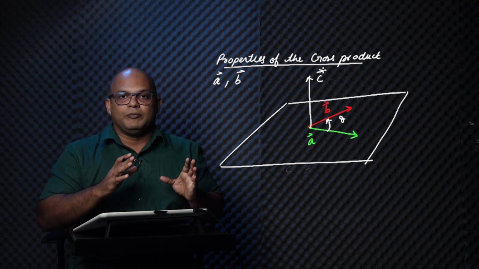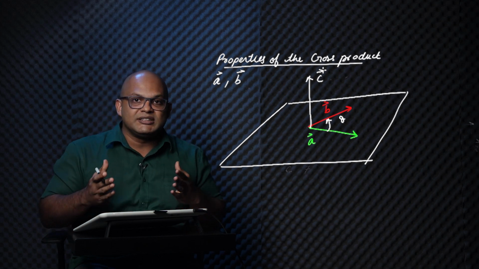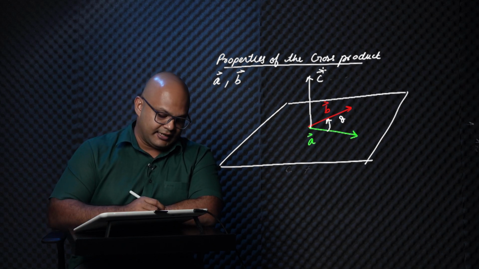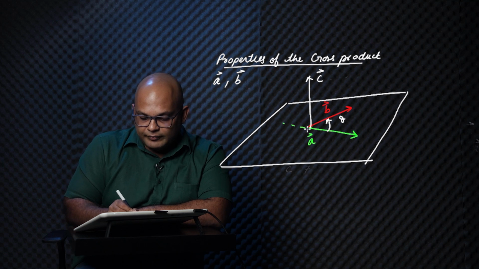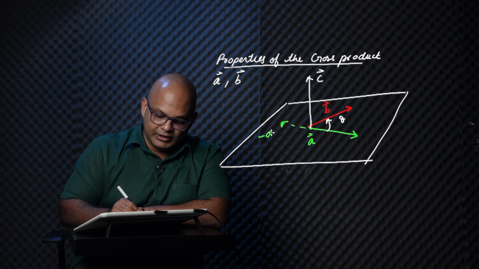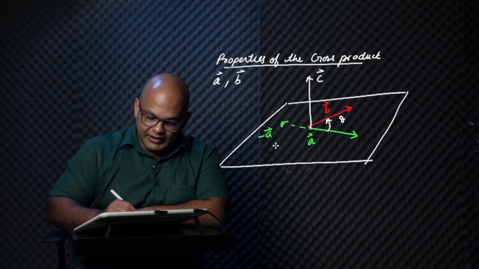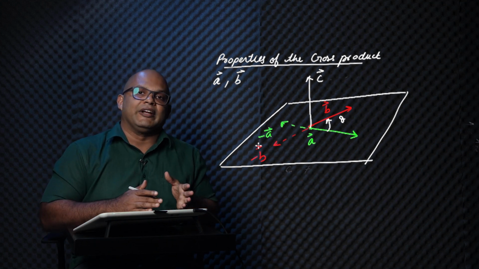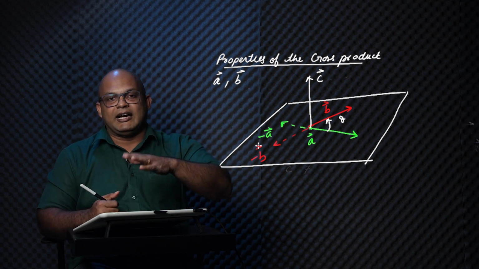Interestingly, if I were to reflect both vectors A and B, so what is a reflection? If I were to reverse the directions of A and B, in other words, I am negating A and B. Let's say that I have a set of two new vectors, that is, we have negative A vector and we also have negative B vector. So negative A vector and negative B vector are the reflected versions of vector A and vector B. I have just taken their reflection, like I have put a mirror and I have taken their reflections.